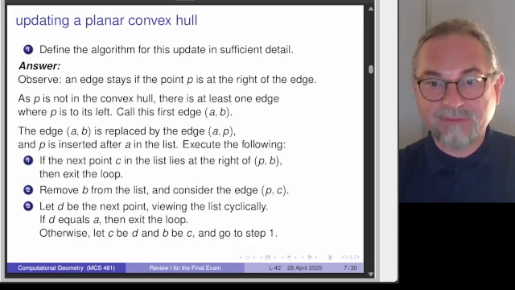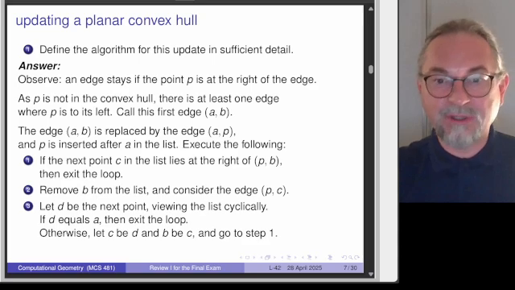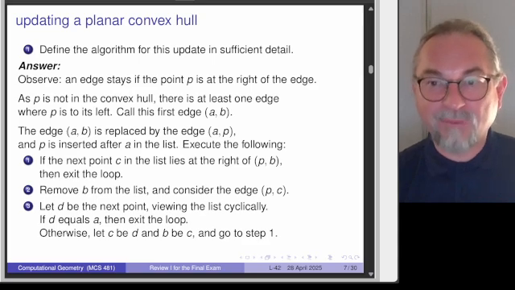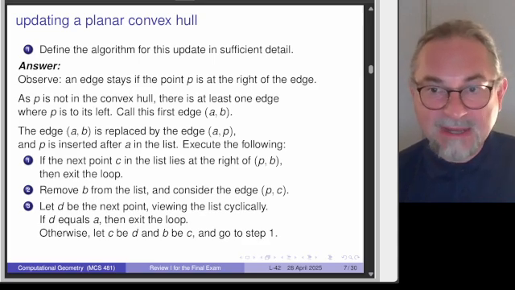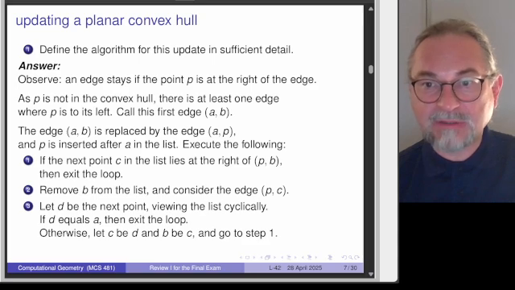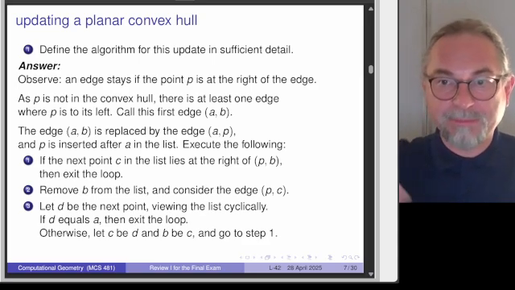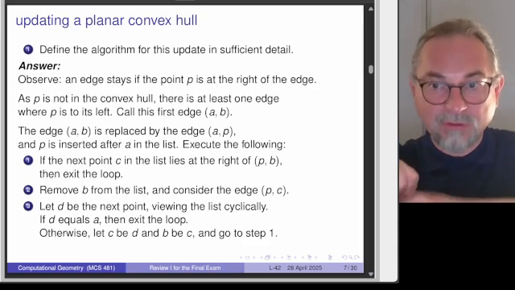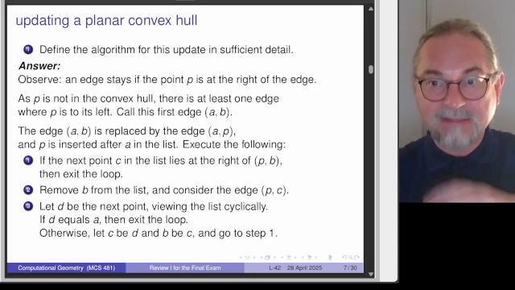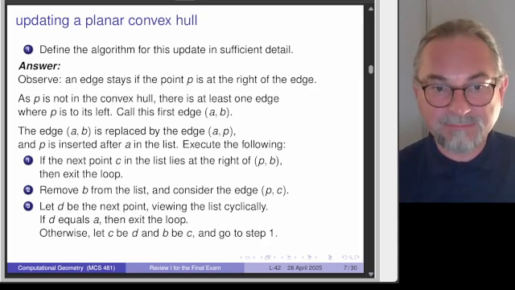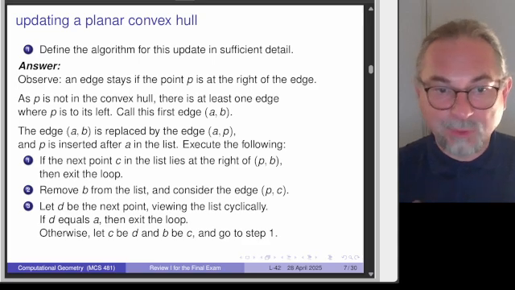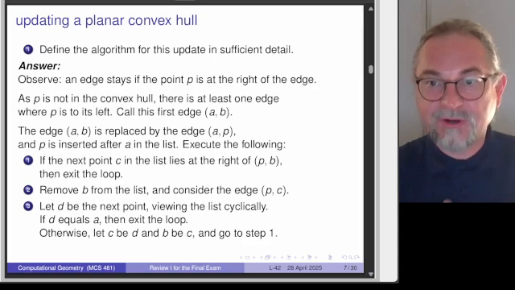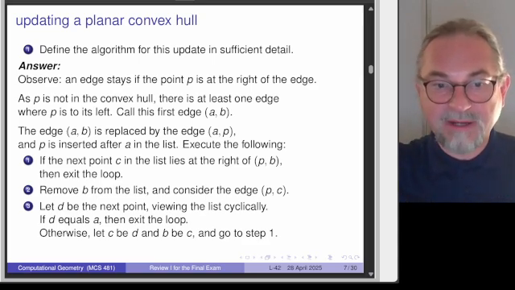And then you have the edge that is the new point to the next point following B. And you may have to continue with this. So you can think of the point P that lies very high up and that causes the removal of many next points. But at some point, you will end up again at an edge where the point P lies at the right side.